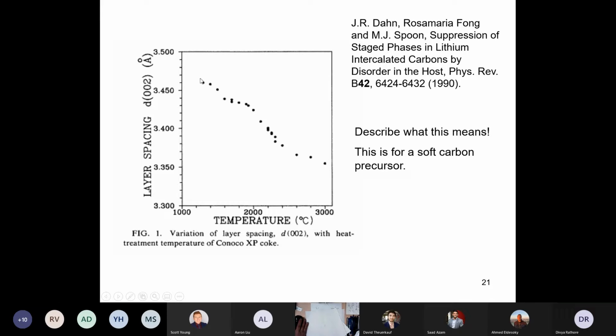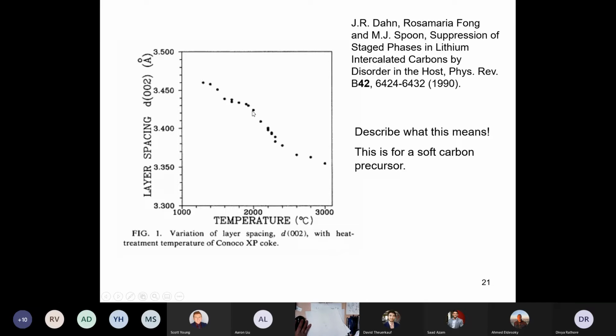At this low temperature, all the sheets are in turbostratic misalignment, and their lateral extent is not very big. When you get to 2000 degrees, all of them are still in turbostratic misalignment, but their lateral extent is pretty big. It's contracted a little bit, not sure why.